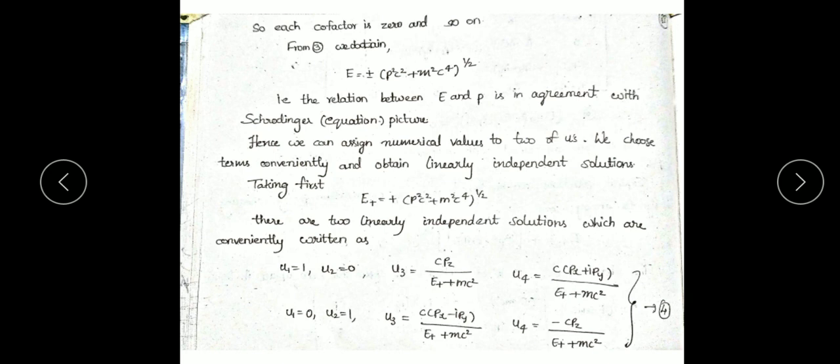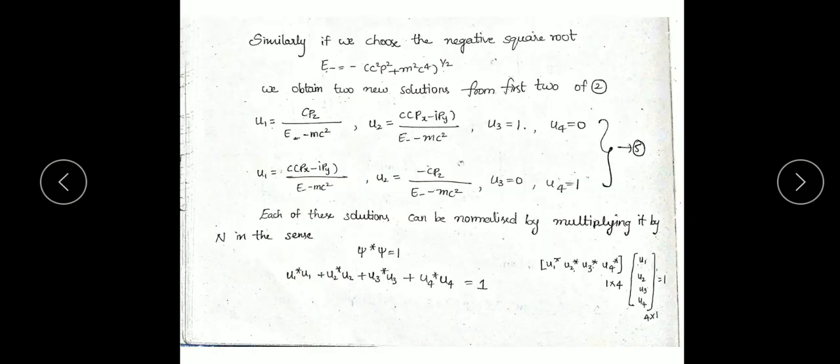So u1 into u1 star is 1, hence we are having 1. 1 into, of course, n square, n into n, that is n square. And 0 into 0 is 0. Of course we could take n square common.